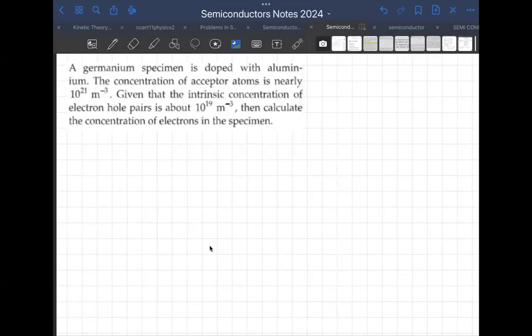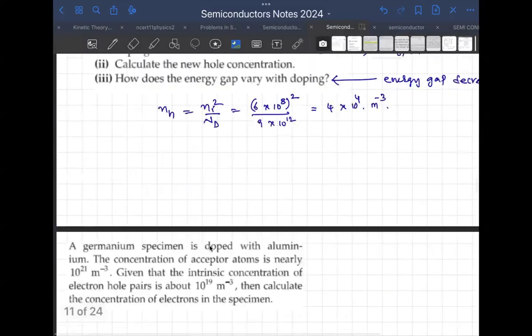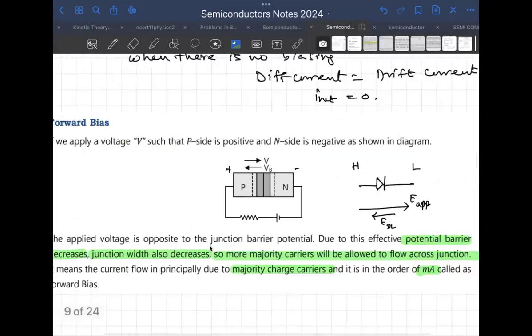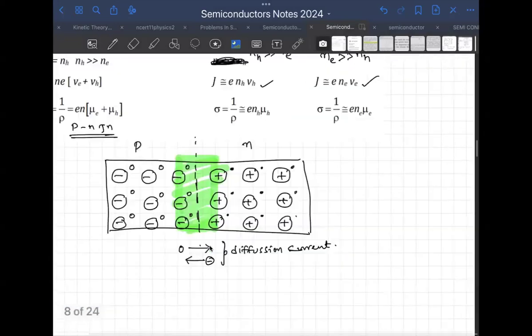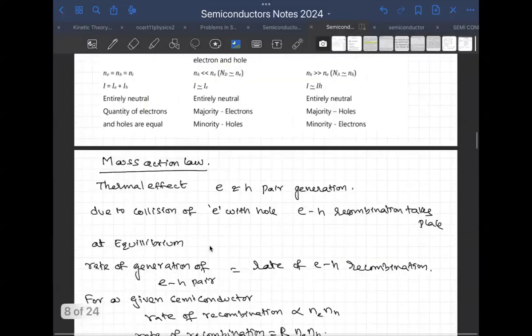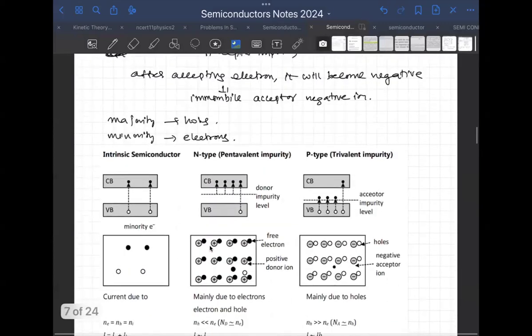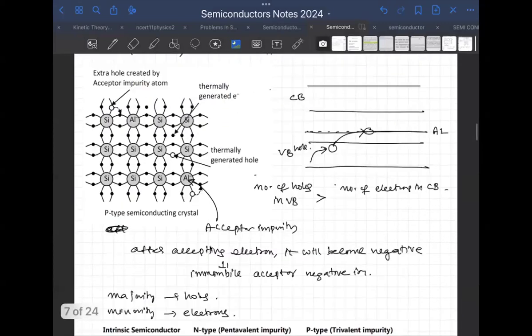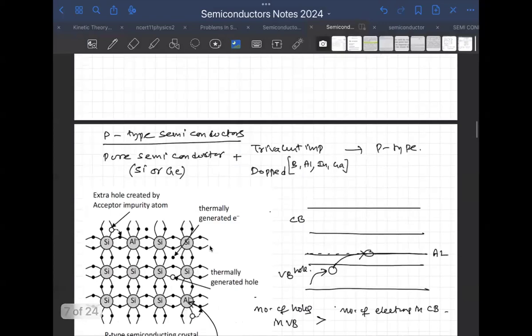A germanium specimen is doped with aluminum. The concentration of acceptor... By the way, what is aluminum? What type of doping is it finally going to be? No confusion. I have already given this information earlier. What type of impurities can you have here?